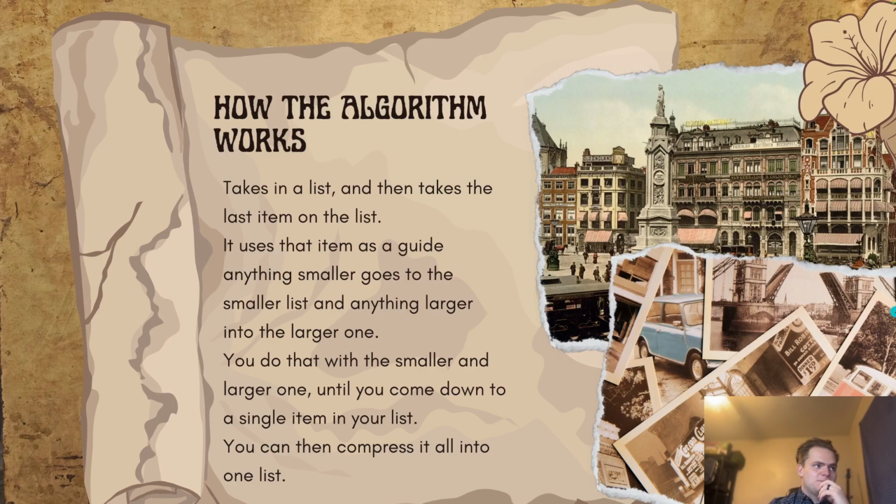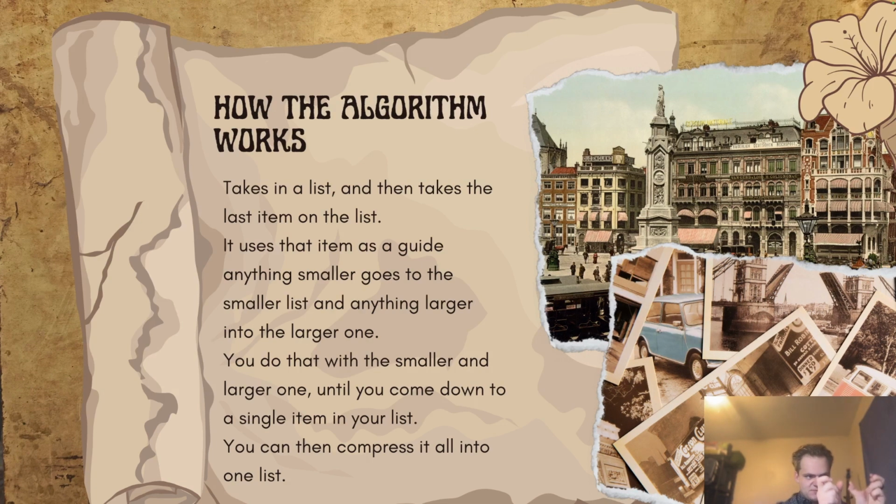How the algorithm works: like I was saying, first we take a giant list, however big it is, and we take the end of that list and use it as a baseline. Anything smaller than that goes over here, and anything larger goes over here. Then, with those two smaller lists, we do it again.